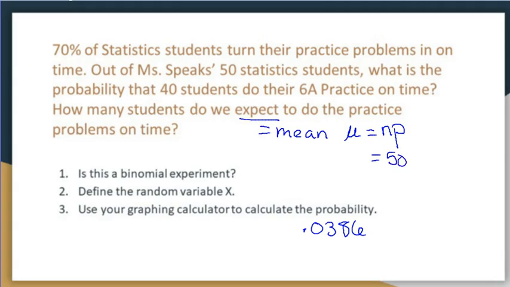Okay, so 50 trials times 0.70, which is my probability of success, and 50 times 0.7 is 35. Okay, so I expect that 35 of you will do your 6A practice on time.